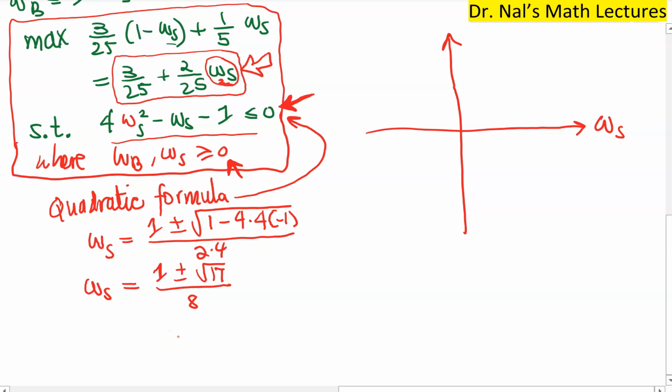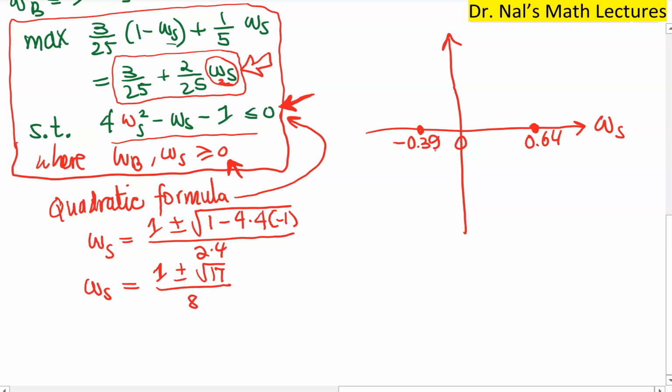Let me do an exact calculation on the calculator: square root of 17 plus 1, divided by 8, is roughly 0.64. If I were to pick the negative one, square root of 17 minus 1, divided by 8, that is 0.39, but minus, so minus 0.39.